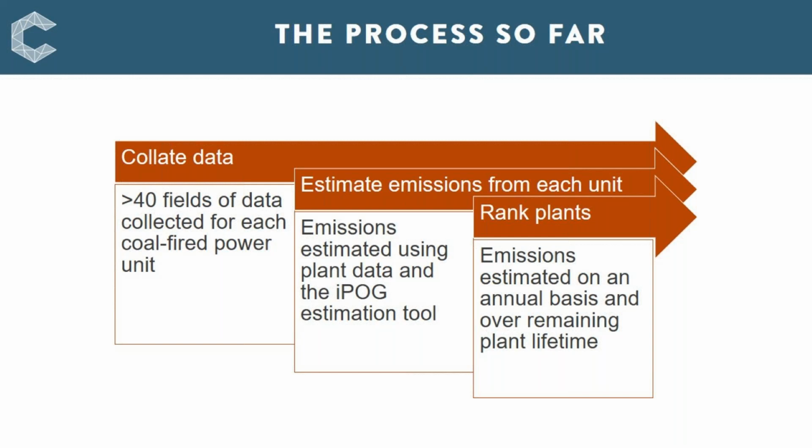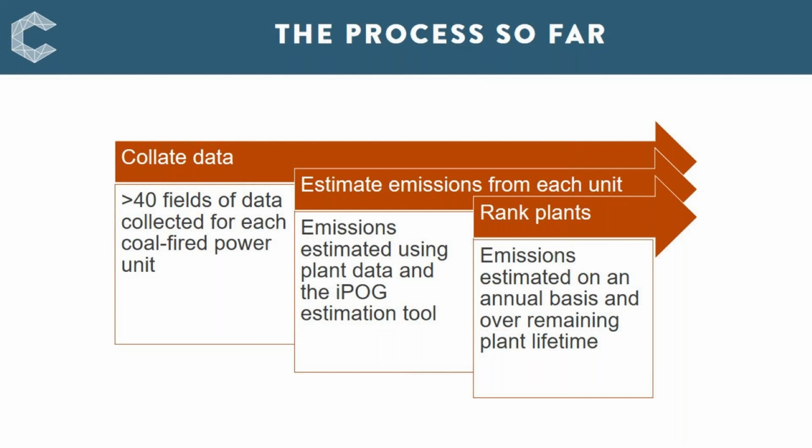Now, we have to put a lot of caveats and emphasize that we've made quite a lot of assumptions in doing this. We've assumed, obviously, that all the data we have are correct. We must assume that all plants run consistently over the year and will continue to do so in the future. And we have assumed that all plants will run until they're 40 years old. Now, obviously, these are significant assumptions. They are business as usual assumptions, and they're almost worst case scenario assumptions, as we've assumed that none of these plants will increase their efficiency or do any upgrading or put any control technologies in place.